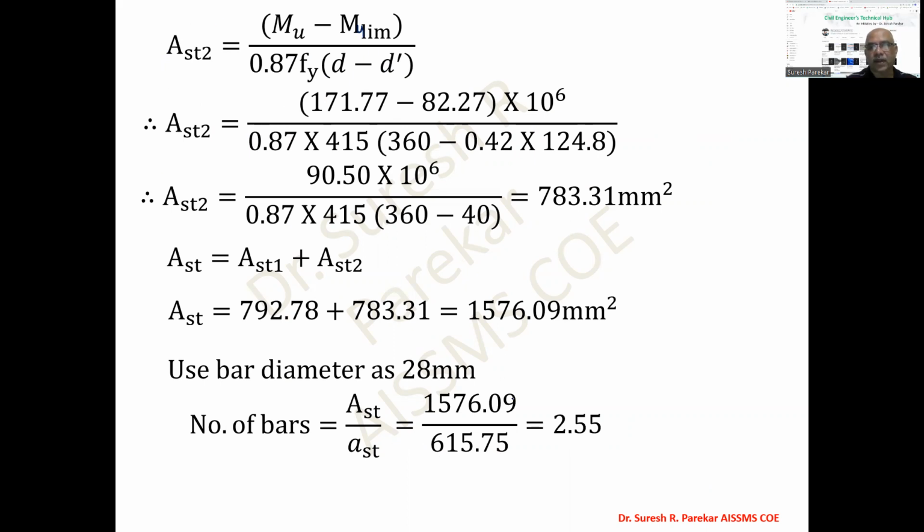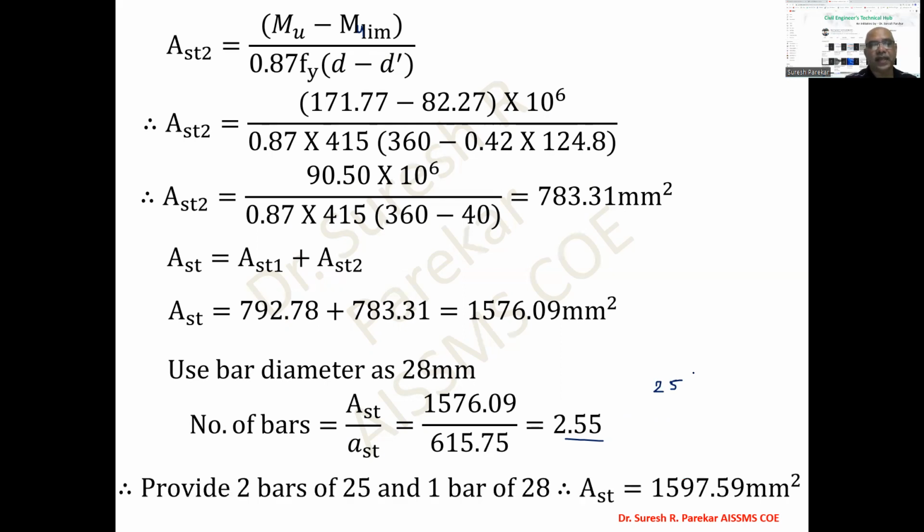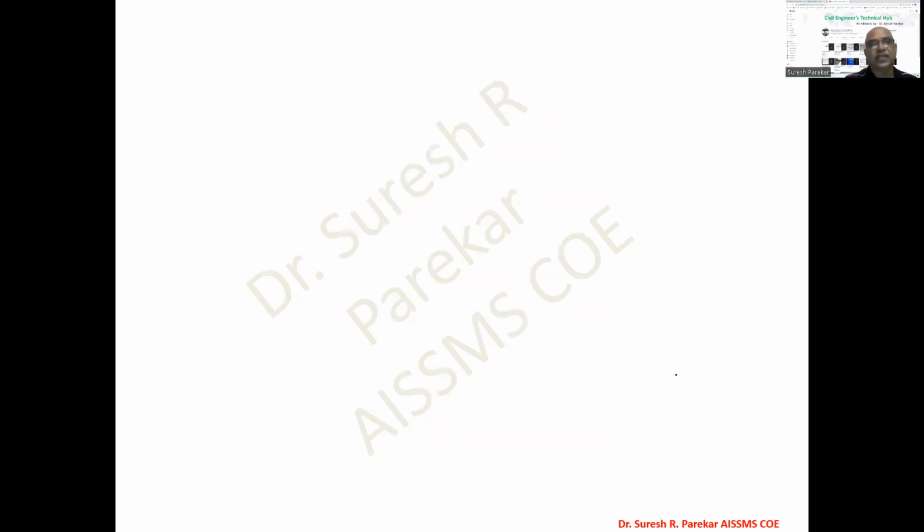If I go for 25, then that value goes to 4, and the area of steel provided will be very large. So instead of this, I have considered 2 bars of 25 and 1 bar of 28 millimeters, which will give me Ast provided as 1597.59, which will be close to Ast required. This is Ast required, 1576.09 mm square. So our requirement is satisfied.